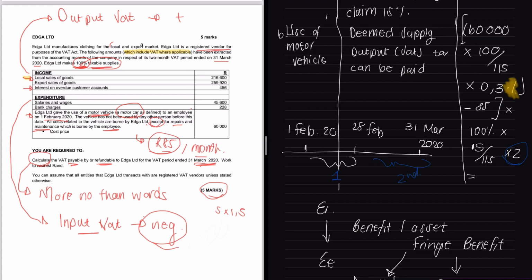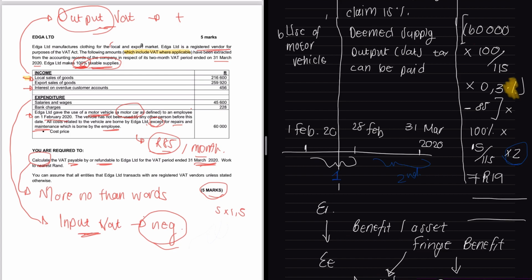This amount is then times 100% and then times 15 divided by 115 and then multiplied by 2 to get us an amount of 19 Rand. Let us remember, is this input VAT or output VAT? Yes, it's an expenditure because your employer is paying for you to use their company car, but it is a deemed supply. It is deemed to be output VAT. Therefore, it is a plus 19 Rand.